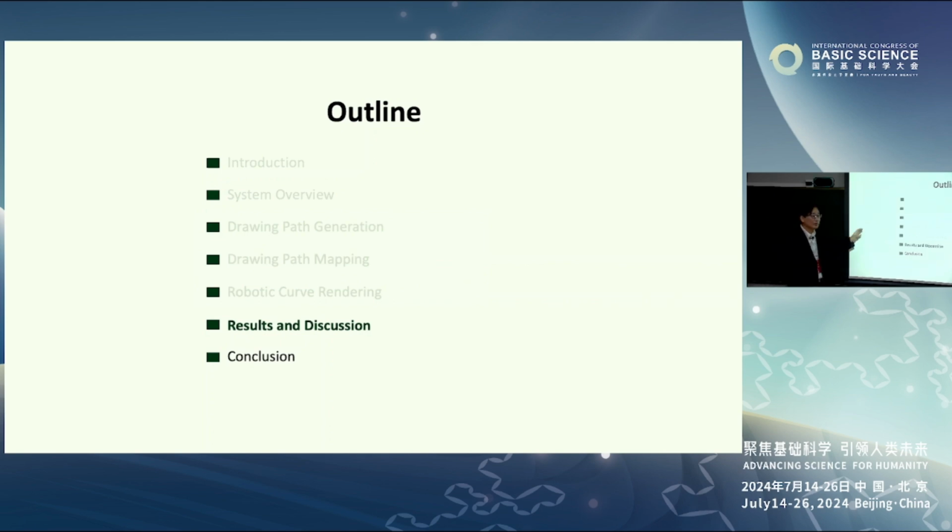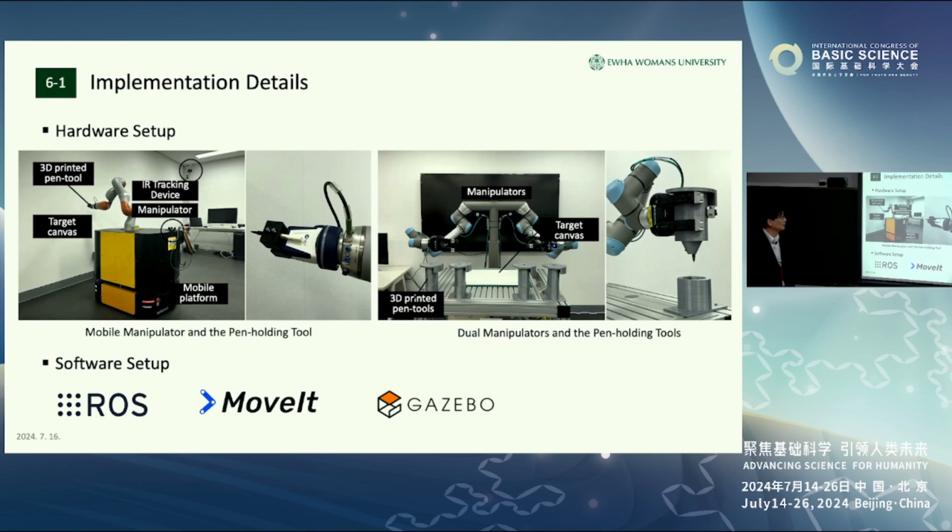Now, I think I covered most of the technical aspects, and I'm going to show you some results. Here is the robotic setup that we're using in our labs. One is, again, the mobile manipulator type: a manipulator attached to a mobile platform so it can freely move.